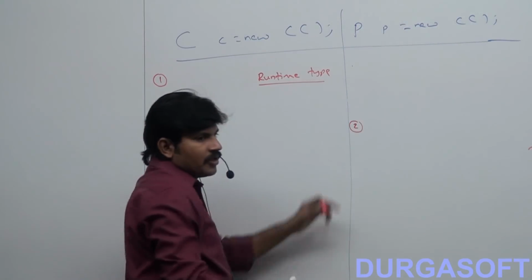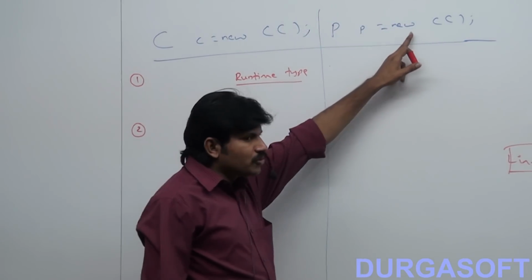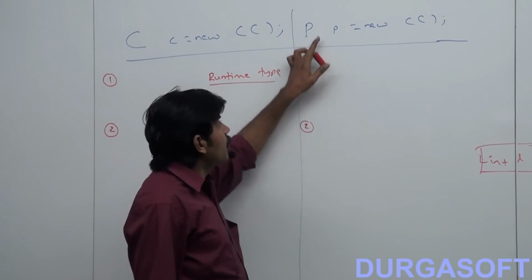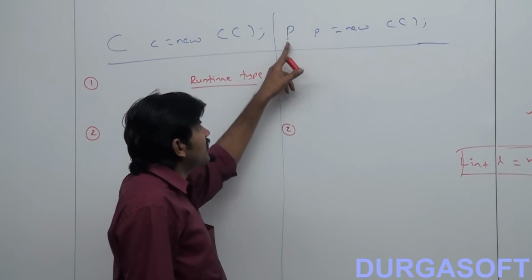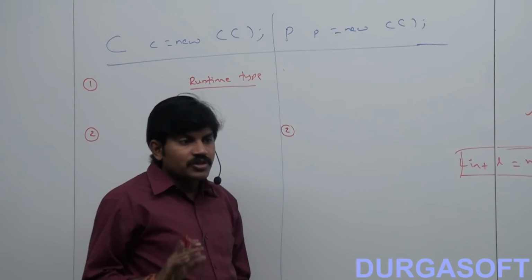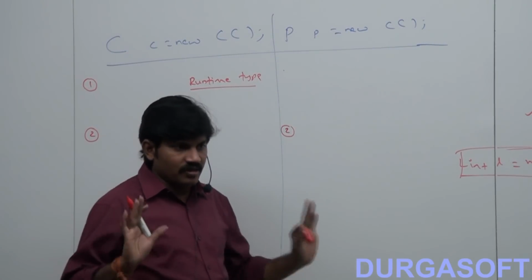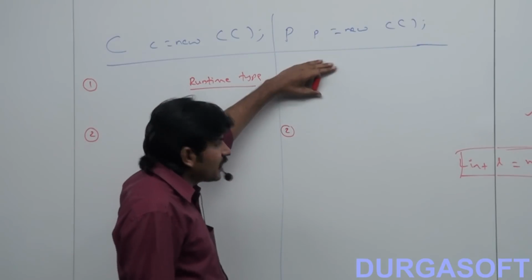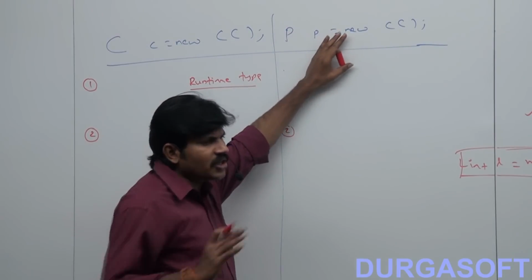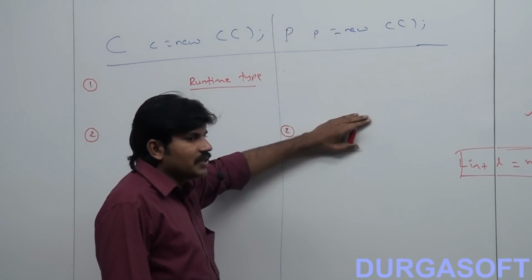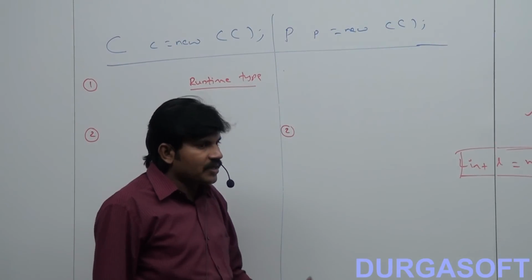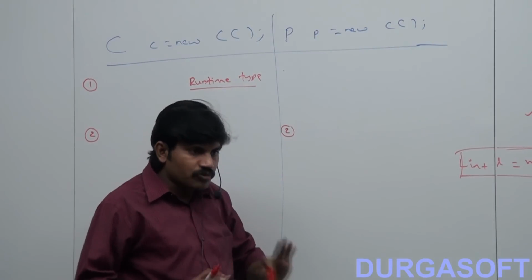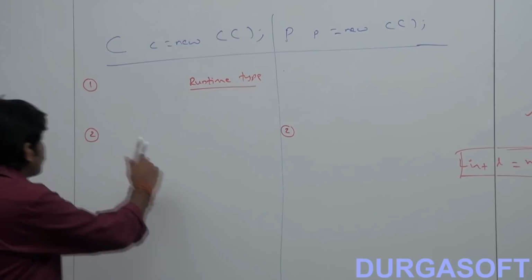A parent reference can be used to hold a child object, but by using this reference, we can call only methods available in the parent class. Child specific methods we can't call. Is it clear? So the advantage is we can hold any child object, but the disadvantage is we are restricted to only methods available in the parent class. Child specific methods we can't call. Is it clear, right?